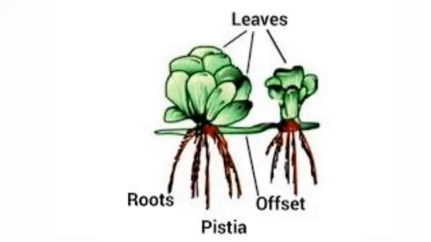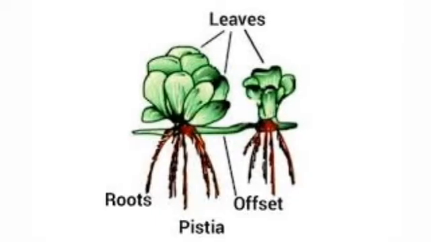Next, offsets. Subaerial stems which are short, slender branches of one internode length are called offsets. These are found in free-floating hydrophytes like Pistia and Ipomoea. They grow horizontally on the surface of the water.